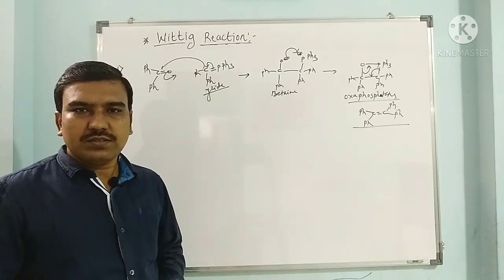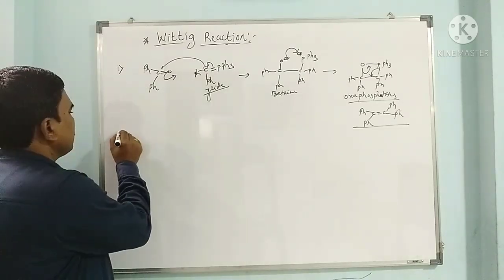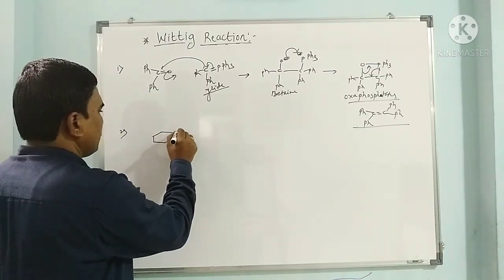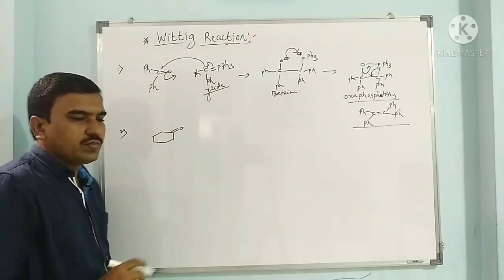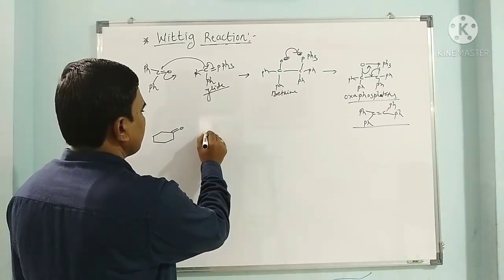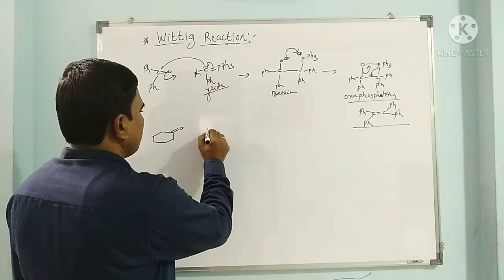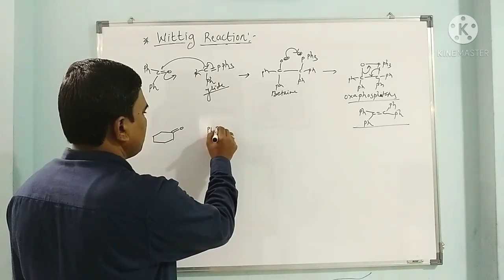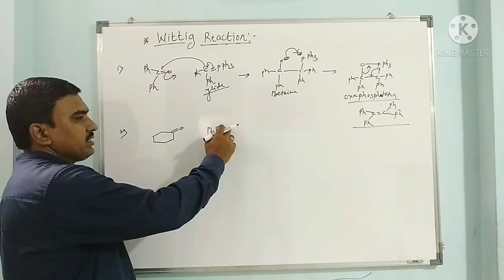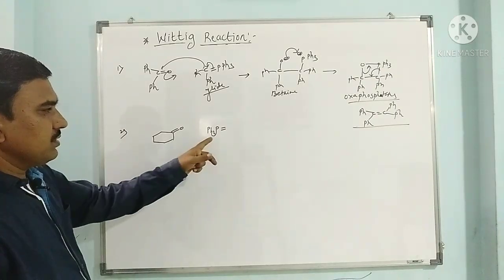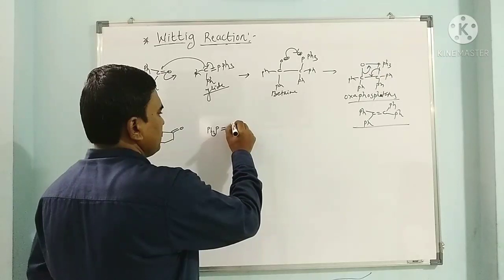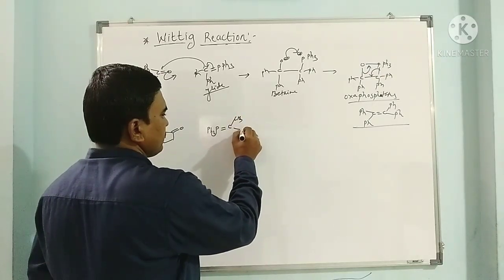Again we can have different applications of this with carbonyl compounds such as cyclohexanone. When this cyclohexanone reacts with an ylide such as Ph3P=CHCH3, whichever carbon we have to attach here, we can get that particular kind of ylide.